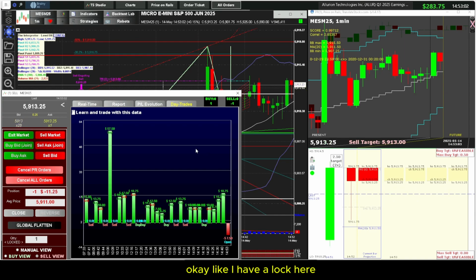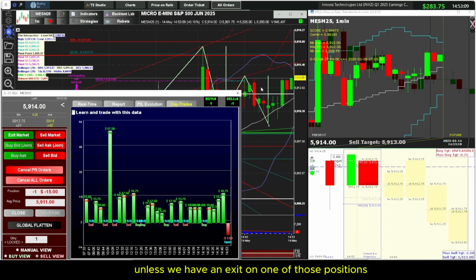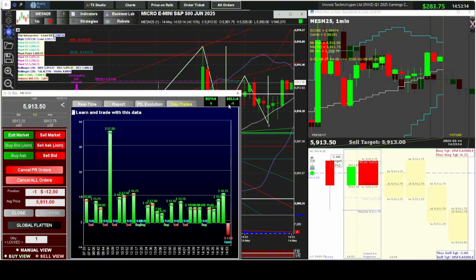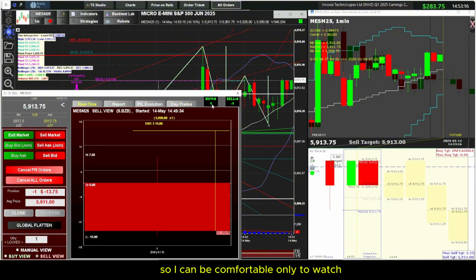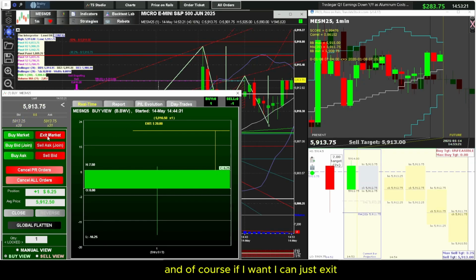I have a lock here, and this $7.50 is not going anywhere unless we have an exit on one of those positions. So I can be comfortable only watching. And of course, if I want, I can just force an exit here.